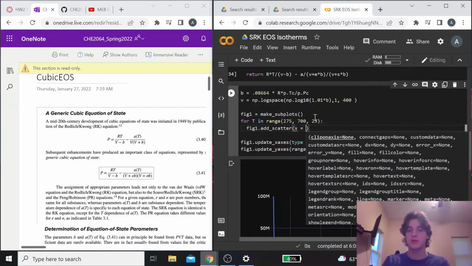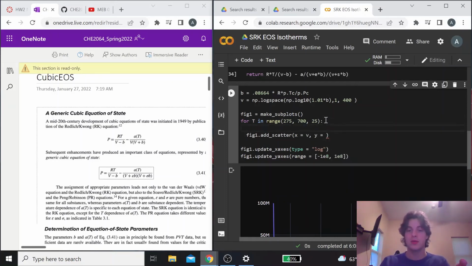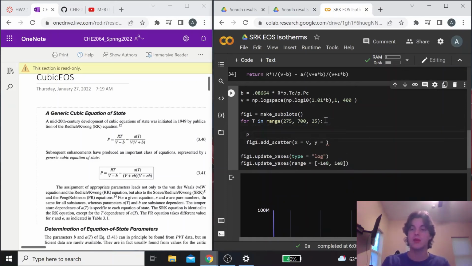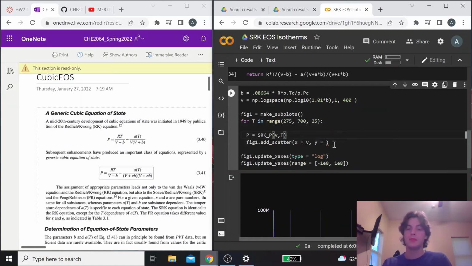X equals our V, which we calculated above, and Y equals, we need our pressure, right? So I'm going to add into a line that calculates the pressure for each temperature as we go through the loop, right? So again, we'll use our SRK pressure function, and it will have V and the temperature given. So now we have P.